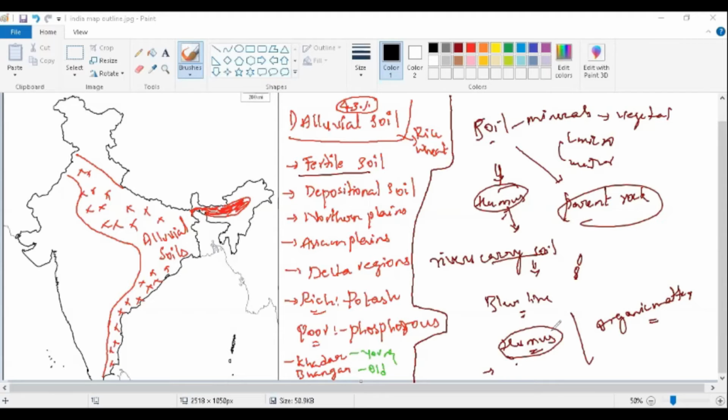And when time passes, this humus gets decomposed and converted into organic matter, which is used by the microorganisms available in the soil and converted into nutrients which get used by the soil.